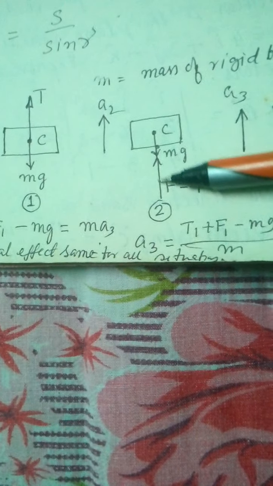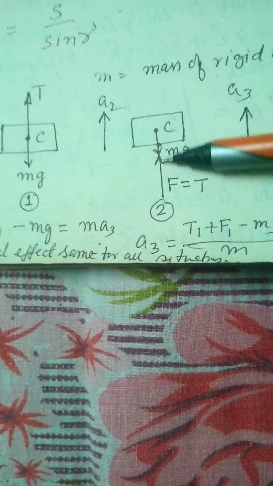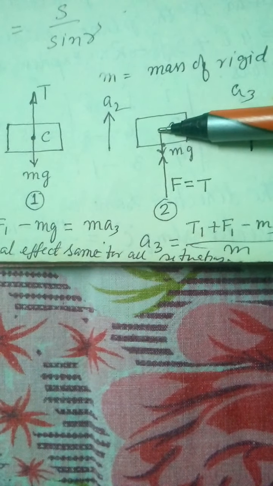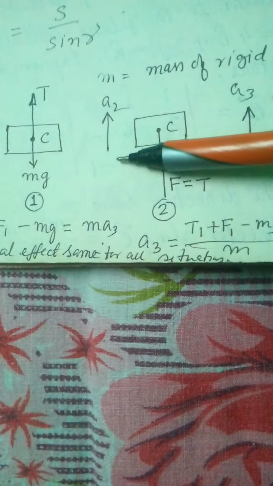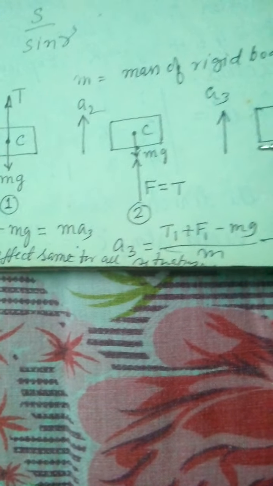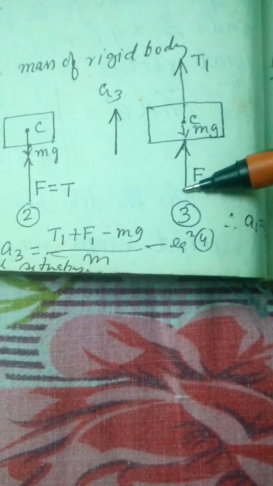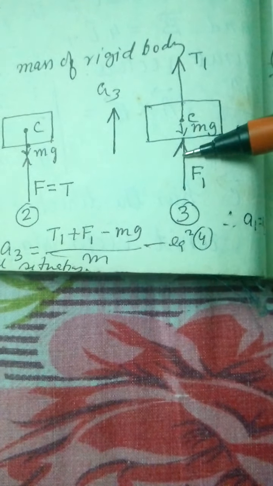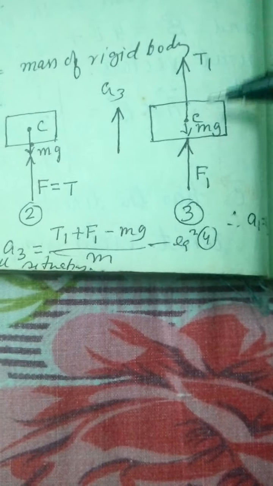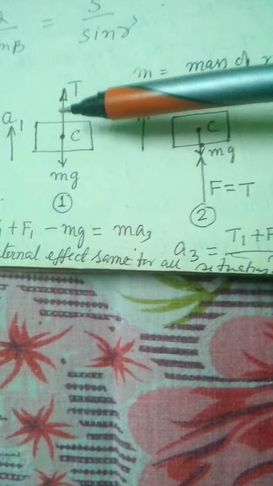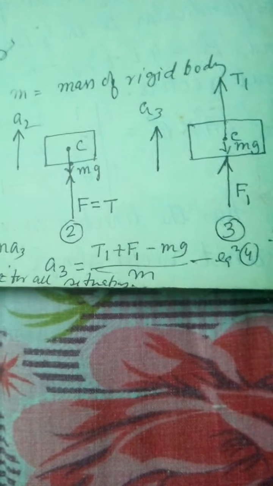Let us take a force equal to T in this direction, and the gravity force is mg, and the acceleration is a2. Here a3 is the acceleration, and this force is T1, and F1 is also there, and mg is as it is, downward. We have to ensure the external effect, that is a1, a2, a3, should be equal.